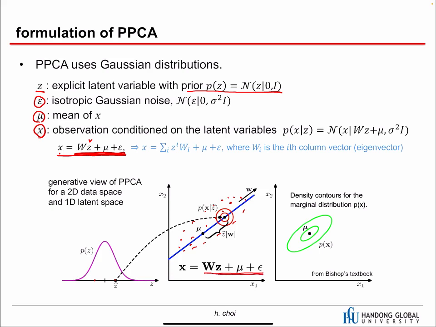In that case, z should be around here, and then with epsilon we can generate this one. So all these observed data samples are generated by these equations. But again, in this model, z is given, and based on this, all these data samples are generated. That's the contours of the marginal distribution P of x.